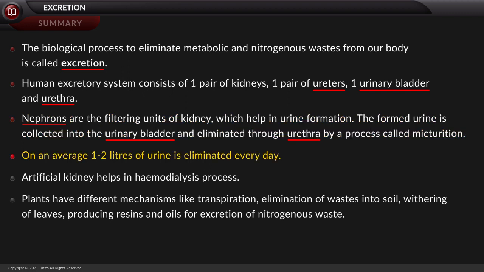On average, 1 to 2 liters of urine is eliminated every day. The artificial kidney helps in the hemodialysis process. Plants have different mechanisms like transpiration, elimination of wastes into soil, withering of leaves, and producing resins and oils for excretion of nitrogenous waste.